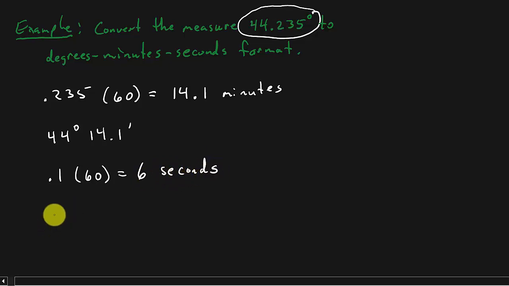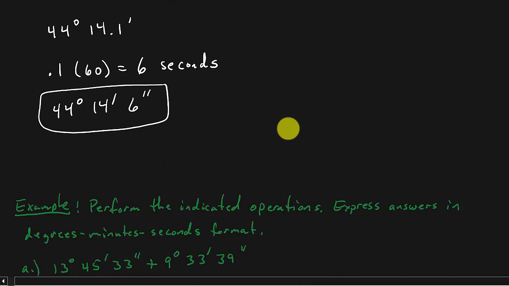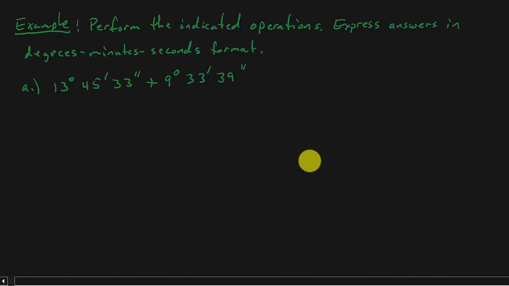So this becomes 44 degrees, 14 minutes, and the 0.1 minute here is now 6 seconds. And there's your answer. You see how easy this stuff is? Nothing to it. This lesson really isn't that long. It's not bad at all.